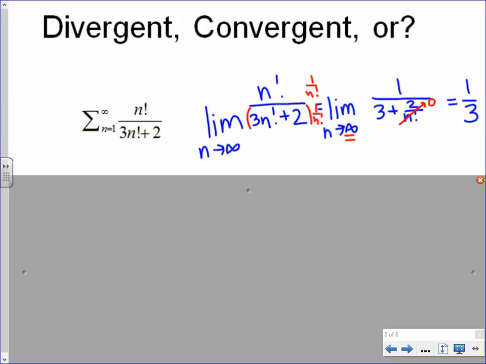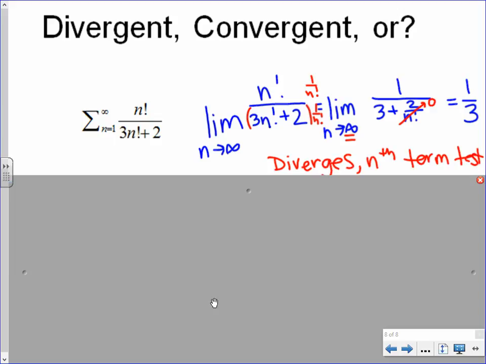We just took the limit of the sequence. It is not 0. I don't have enough room to write that. Sorry. So, what you're going to write is that this series diverges because of the nth term test.